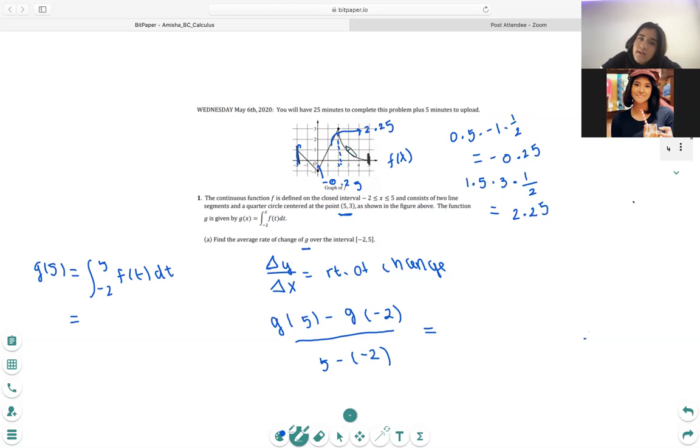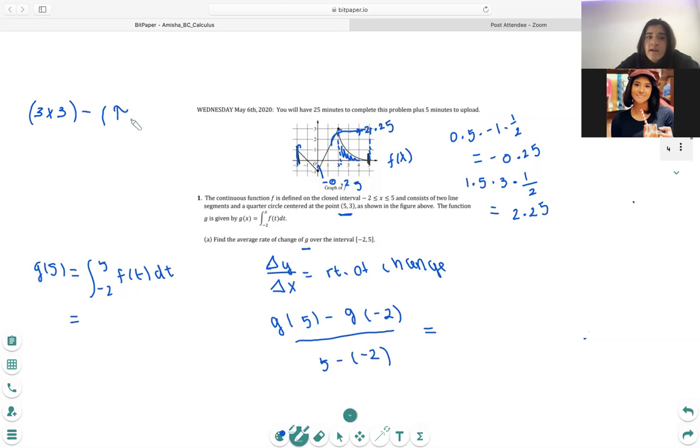All right, and here we see a quarter circle. So what we're looking for is the area over here, right, from 2 to 5. So what we need to look at is this square area, and then subtract the area of the quarter circle. So let's do 3 times 3 is the area of our square minus pi r squared, the pi r squared divided by 4 for the area of the quarter circle.